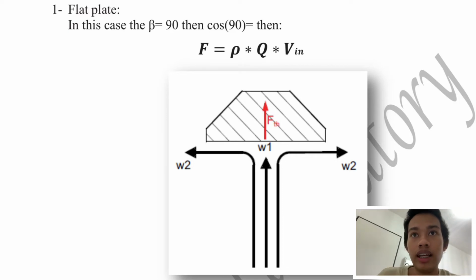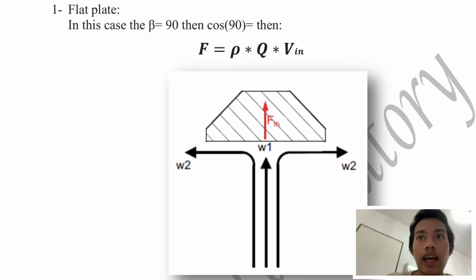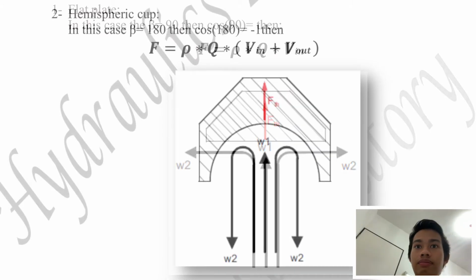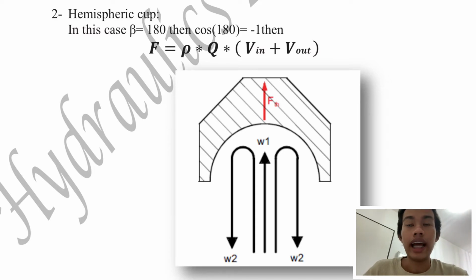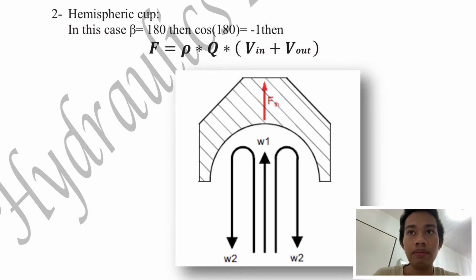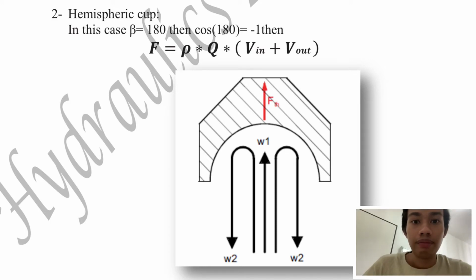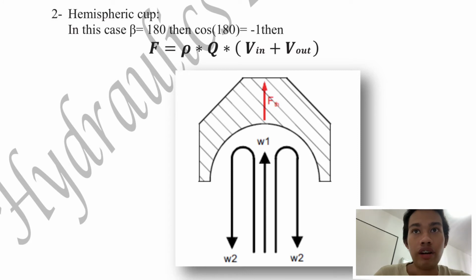So in the flat plate case, that is the formula for F theoretical. In the case of the hemispherical cup, where the angle is 180 degrees, cos 180 equals -1, and I have included the formula for the hemispherical cup.